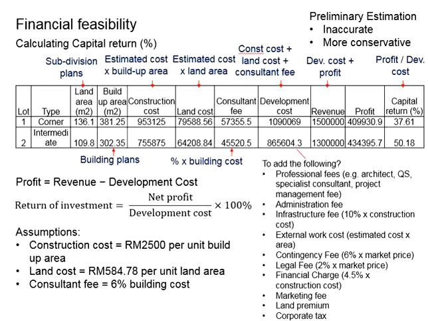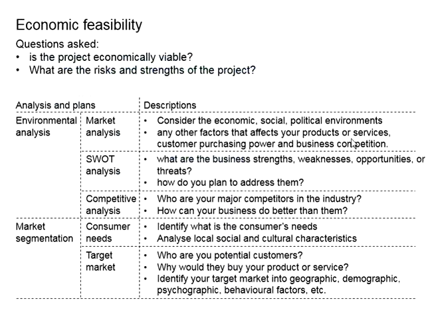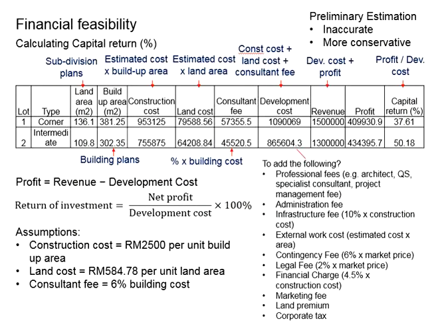This may not necessarily be true, especially in an oversupplied market. That's why in the economic feasibility studies, you should have an idea regarding the supply and demand conditions so that you can use that information to work out a realistic financial feasibility estimation.